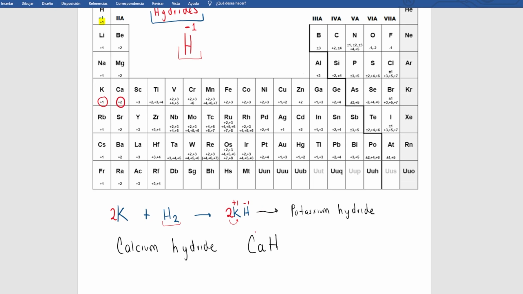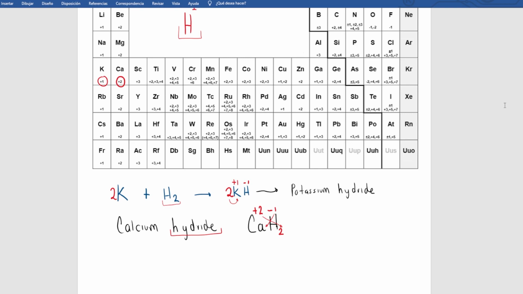So it has an oxidation state of +2. But since we know this is a hydride, hydrogen will have an oxidation state of -1. So we have to cross the charges. Here we have a 1, so we don't have to put the 1 here, but here we have the 2. So we put the 2 here, and this is calcium hydride.